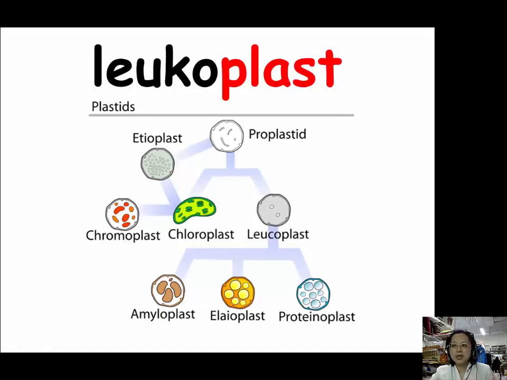But in many cell types, leucoplasts often do not have a major storage function and are present to provide a wide range of essential biosynthetic functions, including the synthesis of fatty acids such as palmitic acid, many amino acids, and tetrapyrrole. Tetrapyrrole is the precursor for heme.